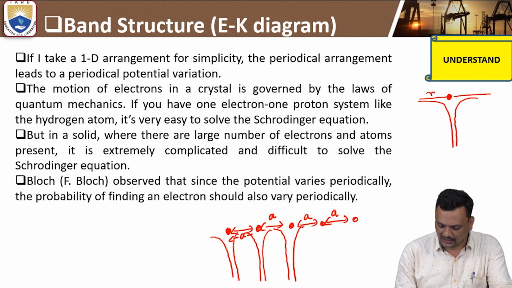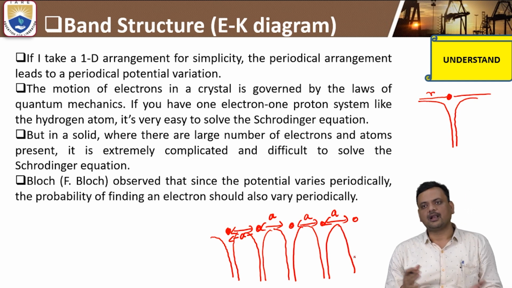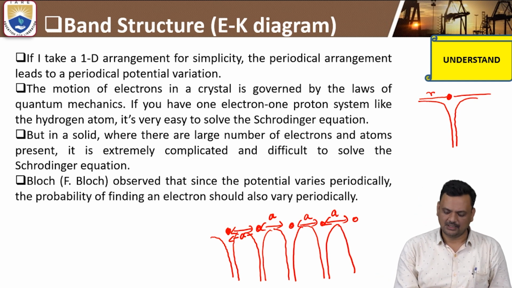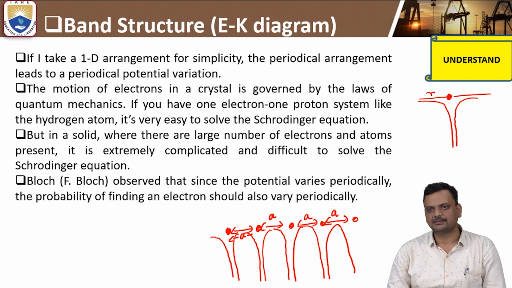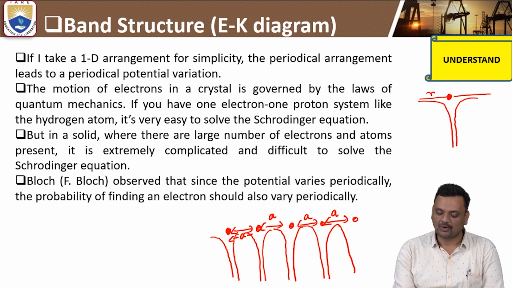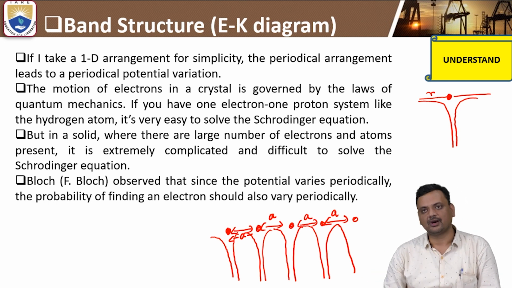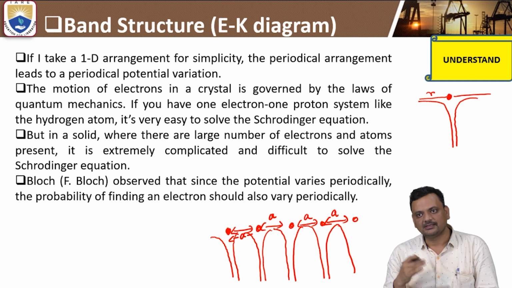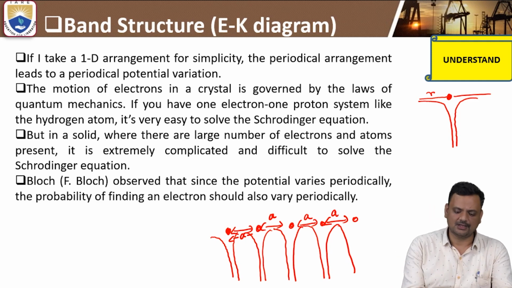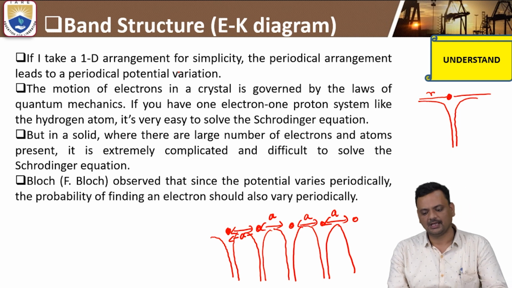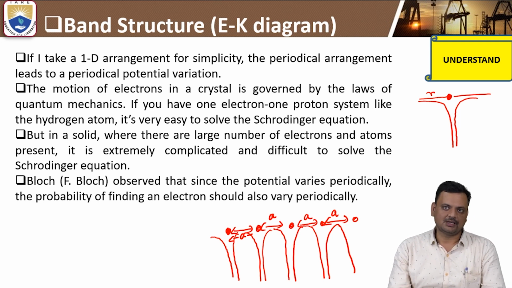It means you can say that these potentials are also periodic in nature. See here, the same type of potential is found throughout the lattice or throughout the crystal structure. Why? Because the atoms are arranged in a periodic manner. So the potential generated by those atoms is also periodic in nature. So this thing is written: if I take the 1D arrangement for simplicity, the periodic arrangement leads to the periodic potential variation.